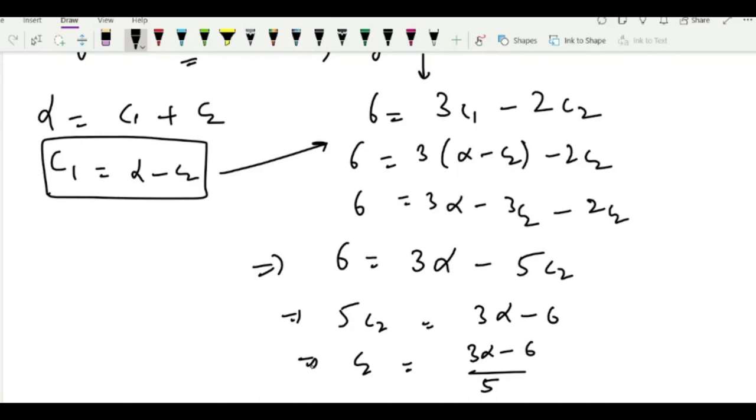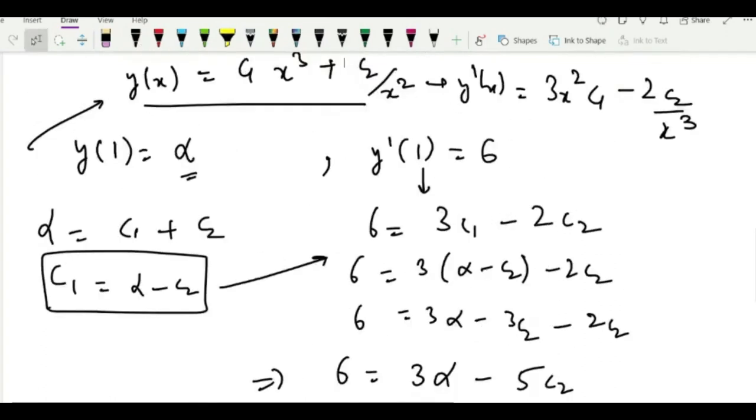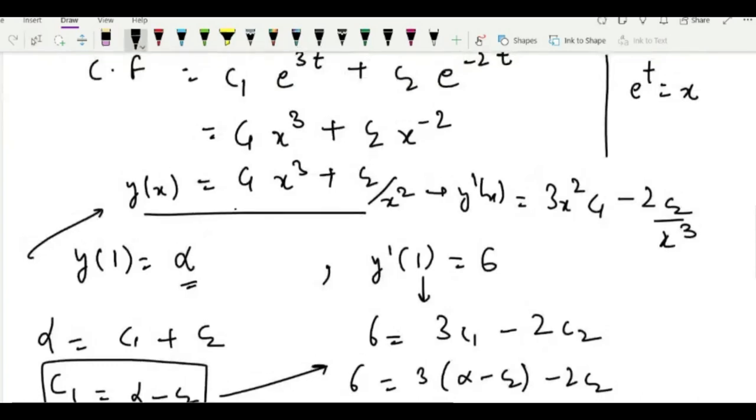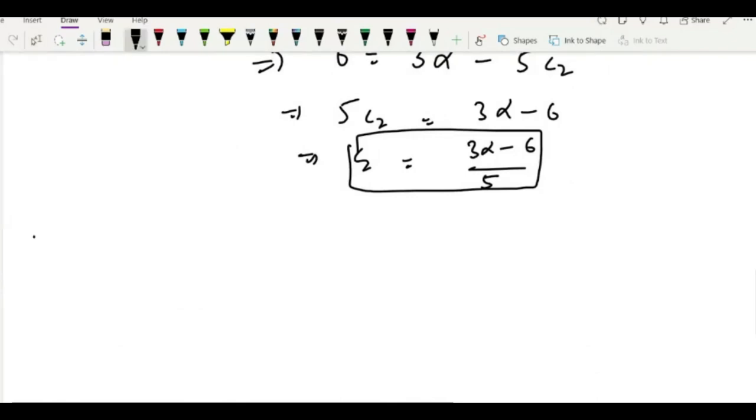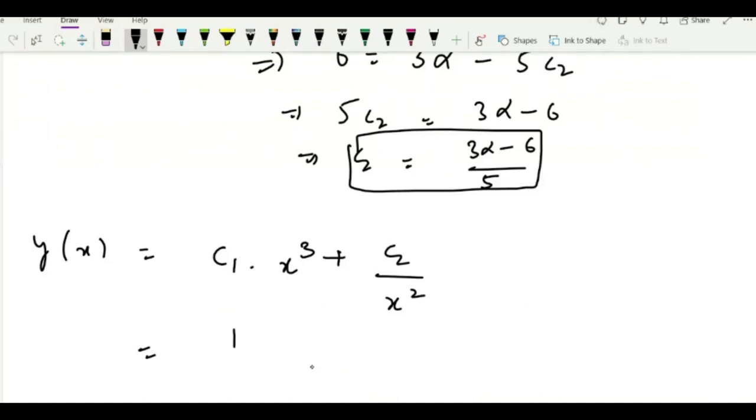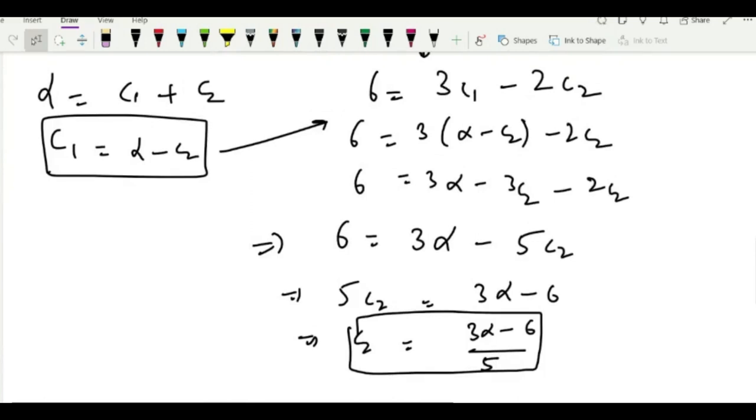So here we get the value of c1 and c2 in terms of alpha. So putting back into y, as y of x is equal to c1 into x cube plus c2 upon x square. The value of c1 we have is alpha minus c2.